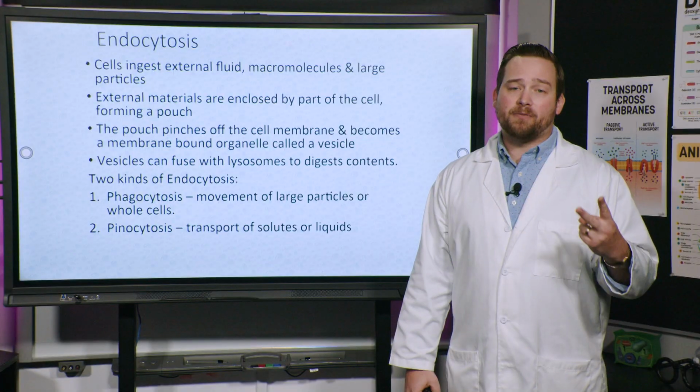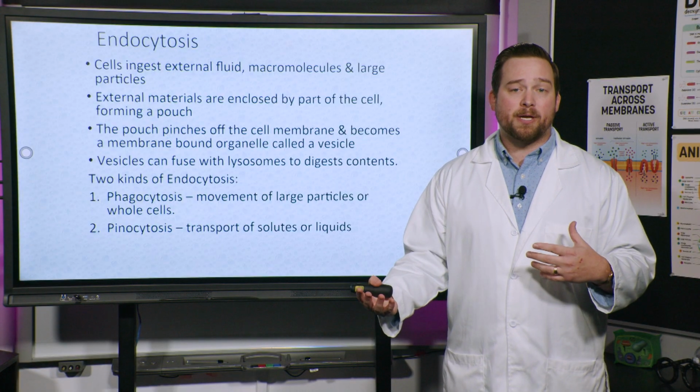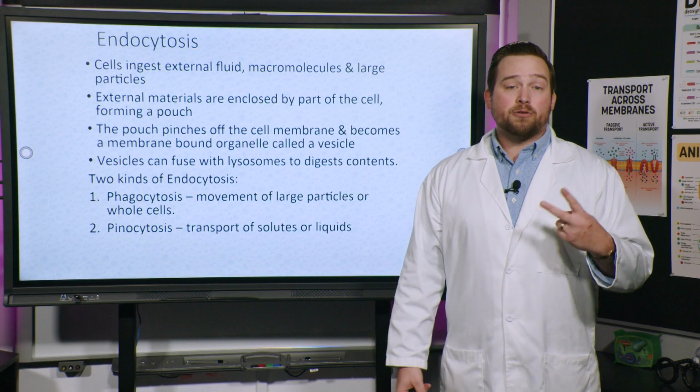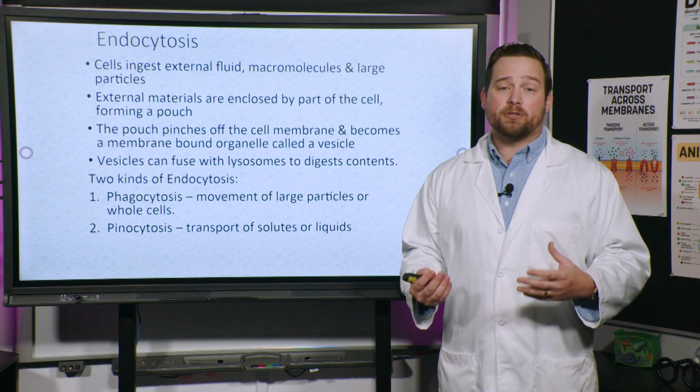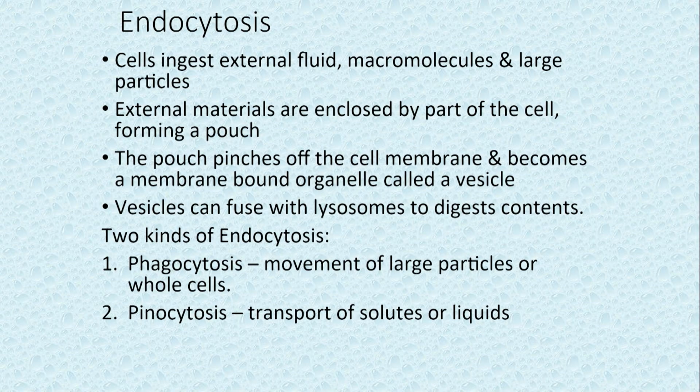There's two types of endocytosis, and it really just depends on what you're bringing in. Those two different forms of endocytosis are phagocytosis and pinocytosis. Phagocytosis means cell-devouring activity. This is how we bring in large particles that are solid. So phagocytosis is solid materials.